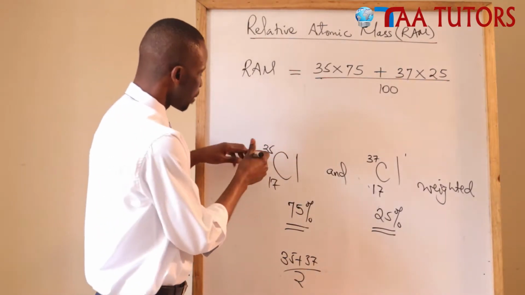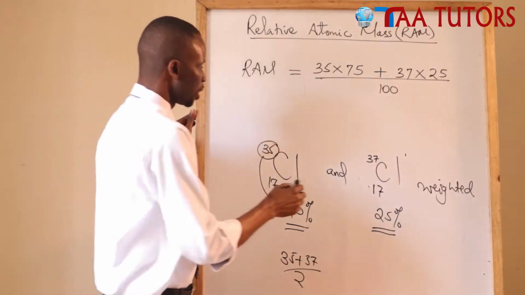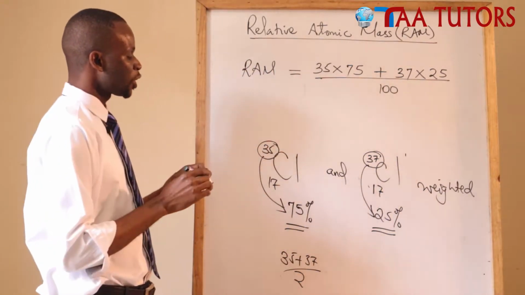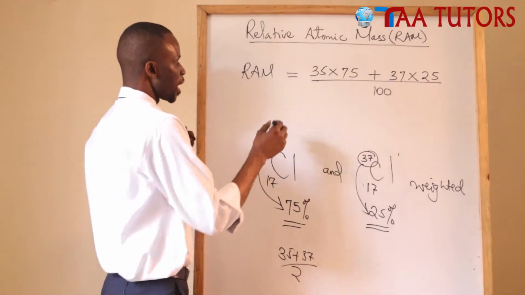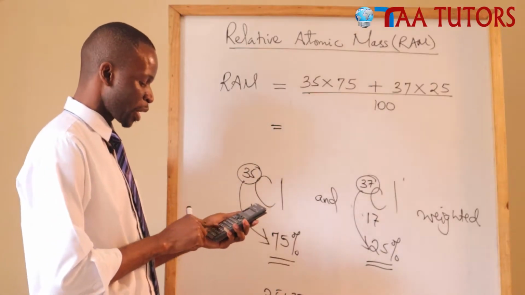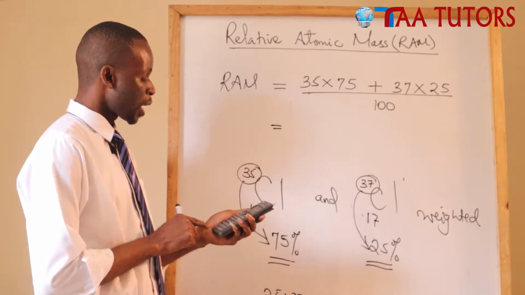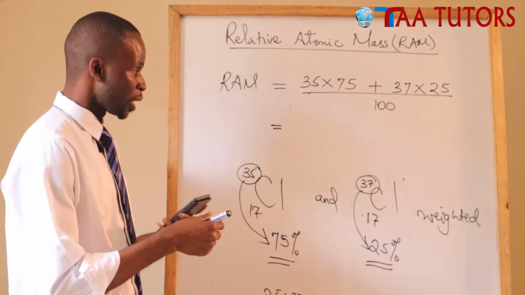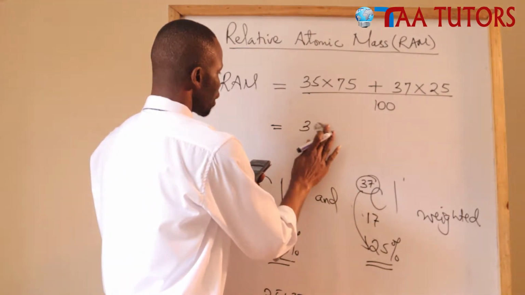So we take the mass number times the percentage, the mass number times the percentage, then everything, because the total percentage is 100%, divided by 100. According to my calculation, I will get 35 times 75 plus 37 times 25. The total I will get here is 3,550.